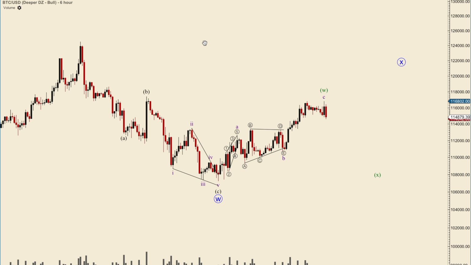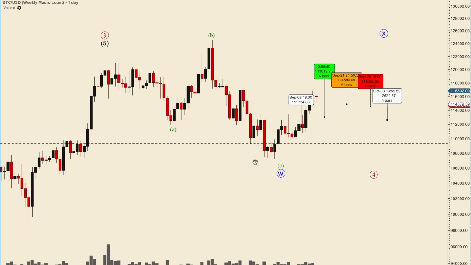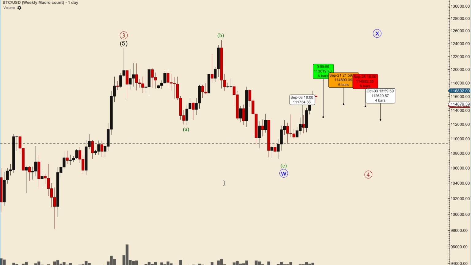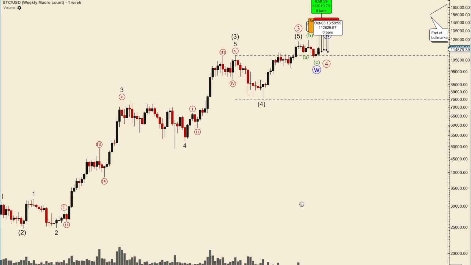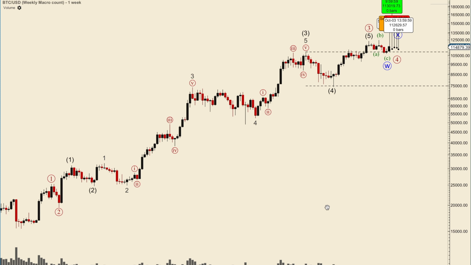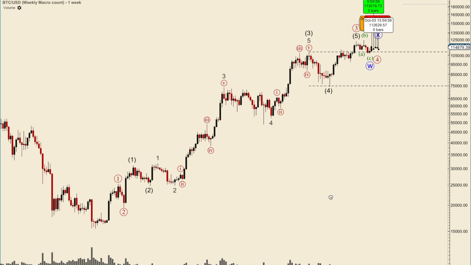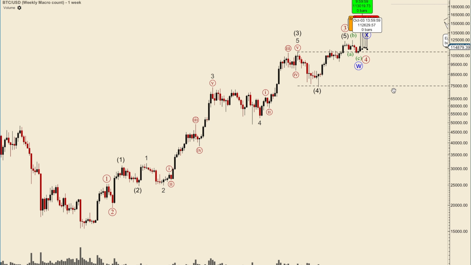And after that, I got to show that this is a macro count, a higher degree count. What we are basically looking for now is a wave 5 to finish this bearish run. So this is on a weekly basis.